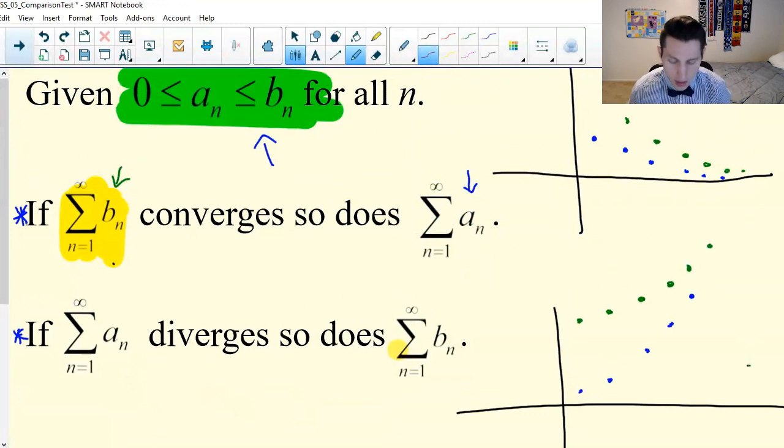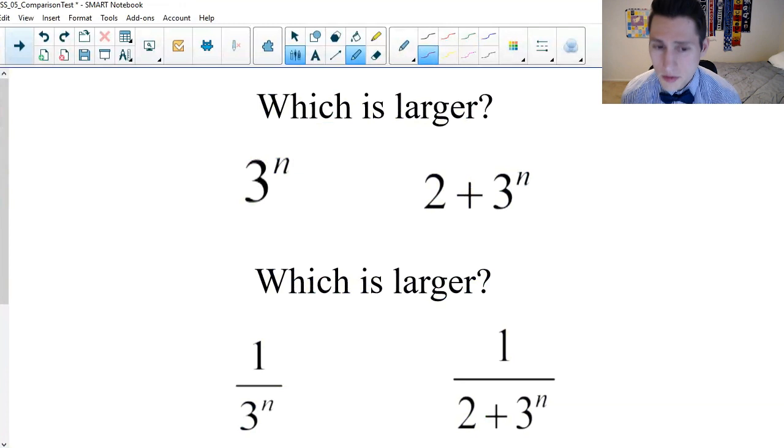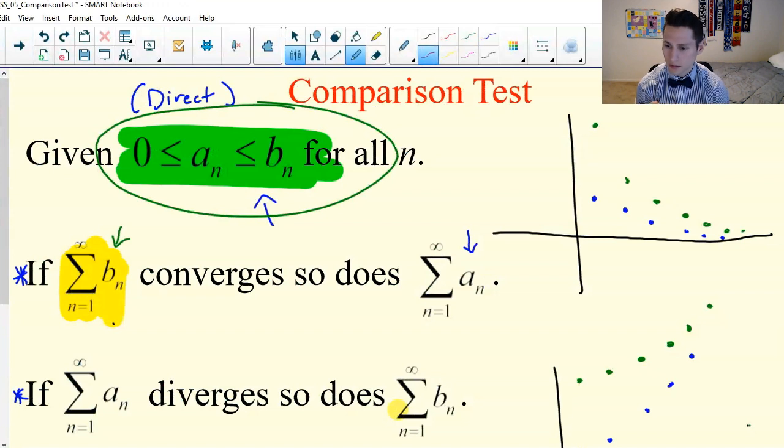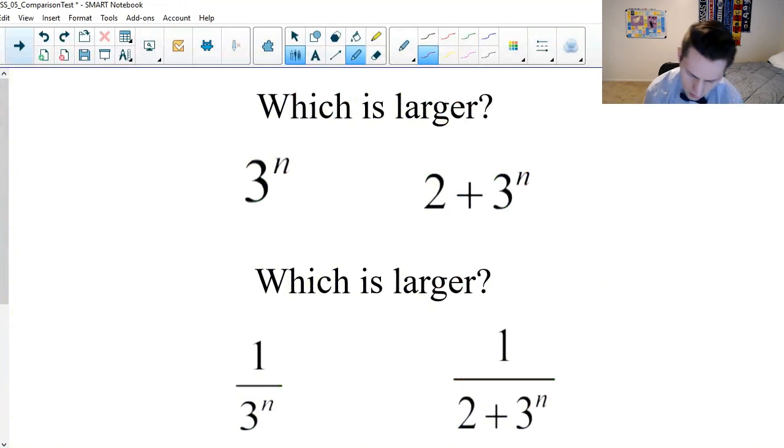Okay, so let's actually use this and see how it works. We're going to take our functions and pick things that we know how to figure out if they converge or diverge. And we have to know which of these is a larger sequence, because the whole thing is based on knowing which sequence is larger and which one's smaller. So for example, which is larger? Well, this one should be easy. 3 to the n is less than 3 to the n plus 2.